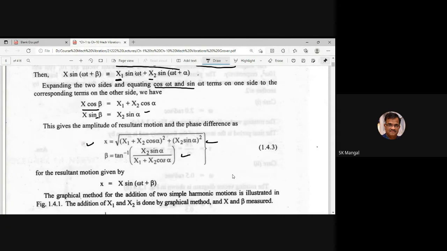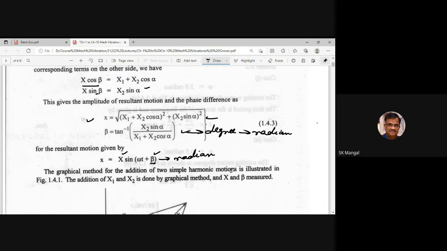Once you get this beta and x, you can represent the resultant vector by this. Here again your beta should be in terms of radian, and here you will usually get beta in terms of degree. Then you convert this into radian.